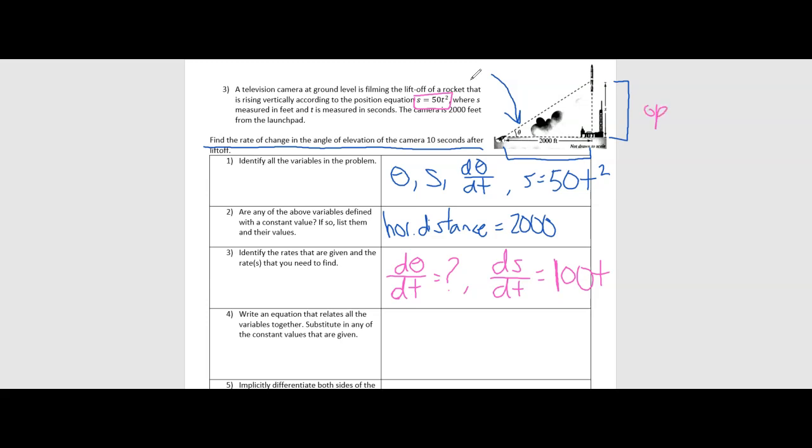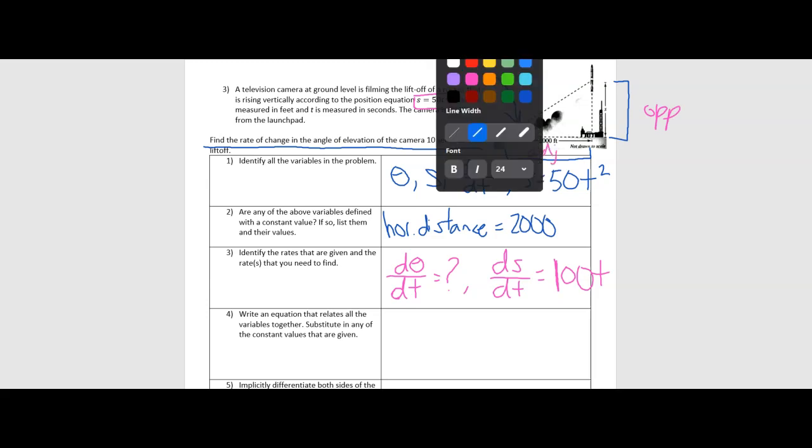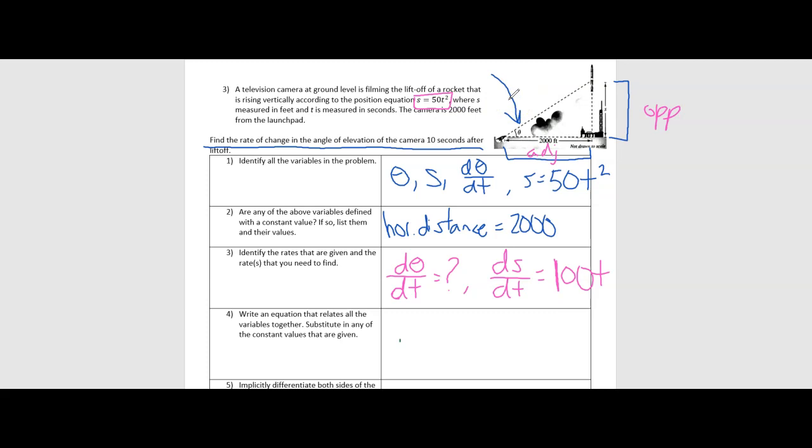This is the opposite side compared to theta, and this is the adjacent side compared to theta. So I am going to be using tangent.